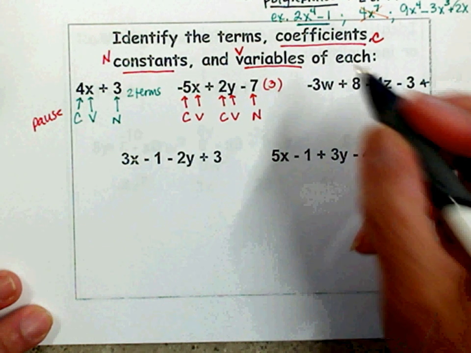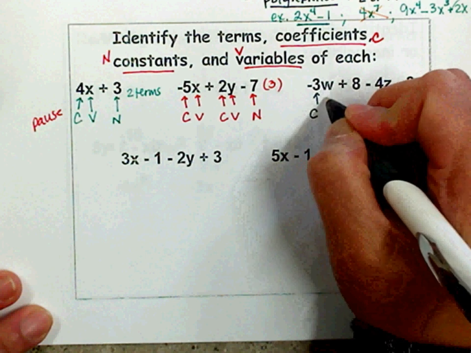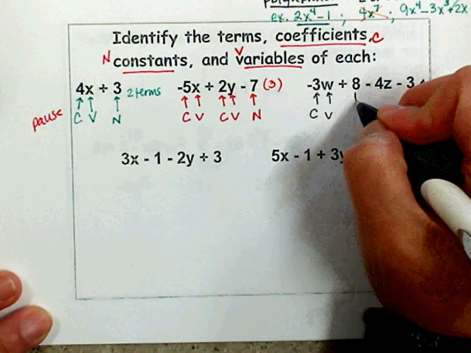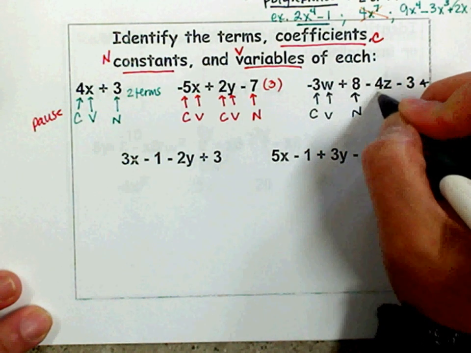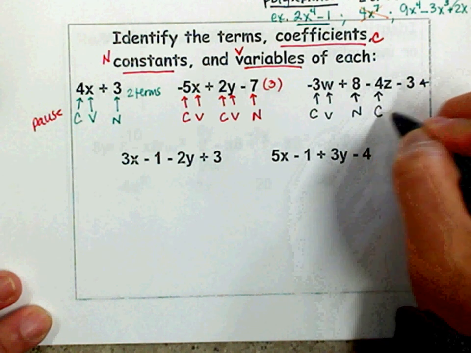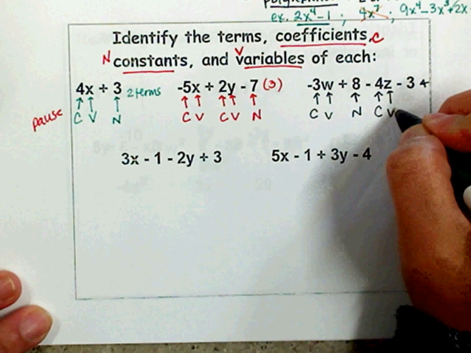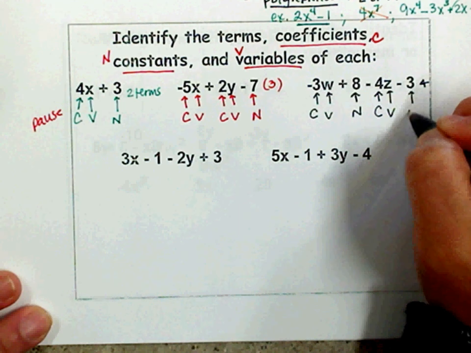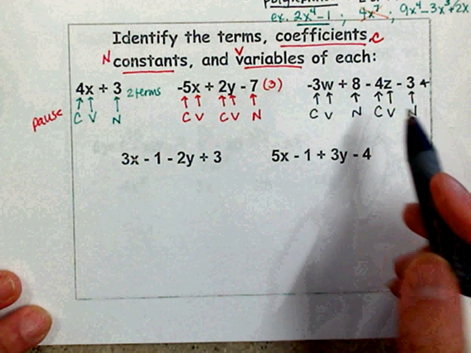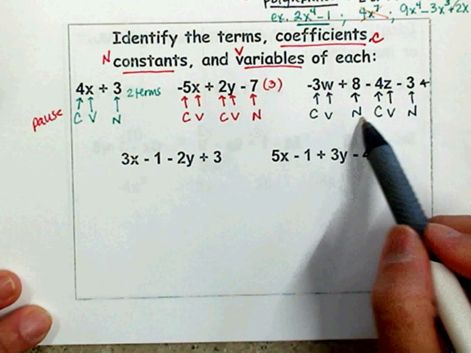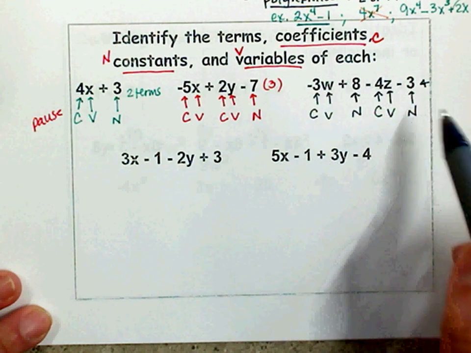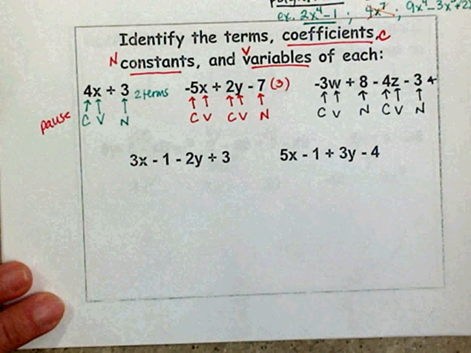This one is a coefficient, variable, constant, coefficient, variable. That is a constant. Coefficient, variable, constant, coefficient, variable, constant. Okay? Let's look at this one down here.